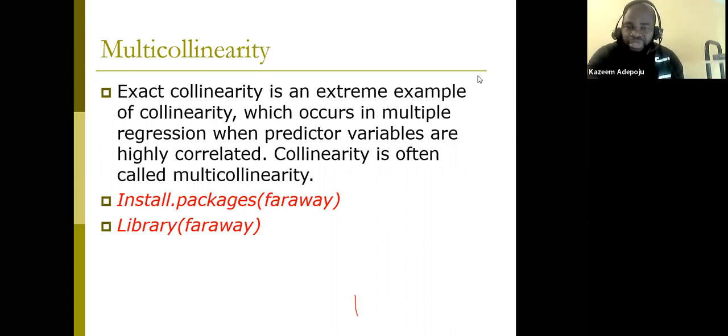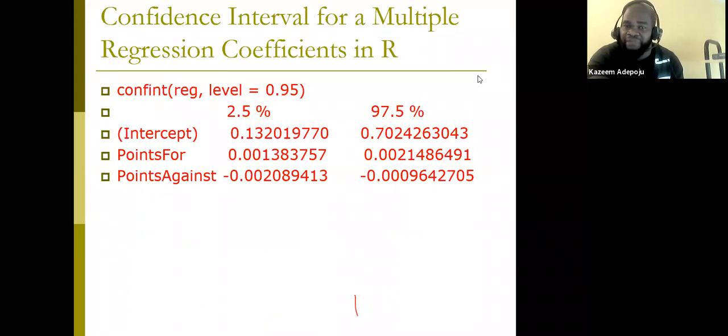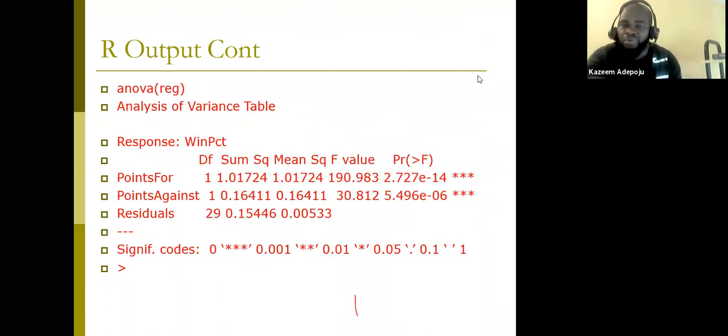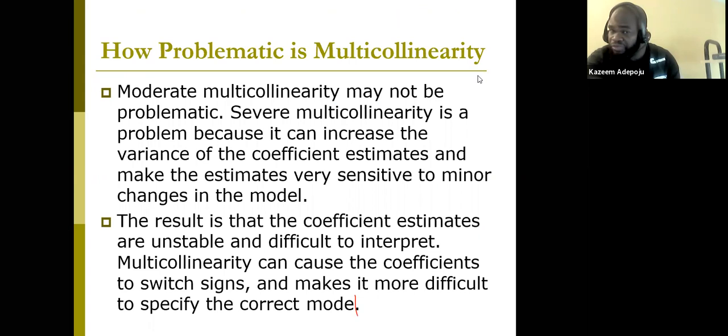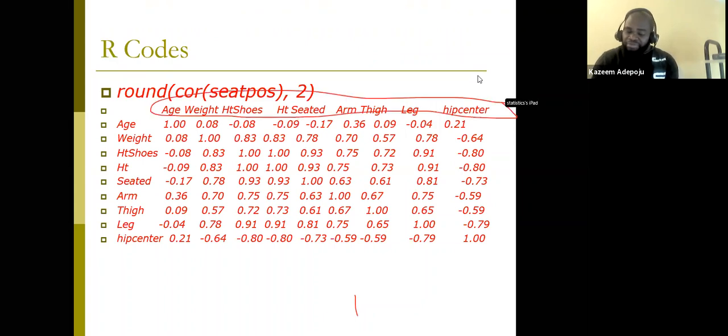Now I want to use a different dataset. For the NFL data I was talking about before, we did not suspect multicollinearity, but we can still investigate. But I want to use different data now, and these are the variables.